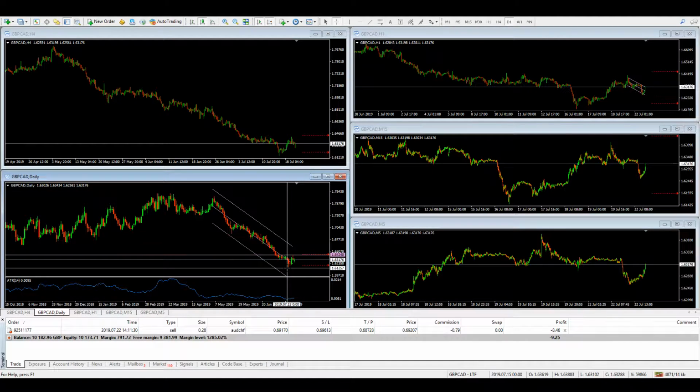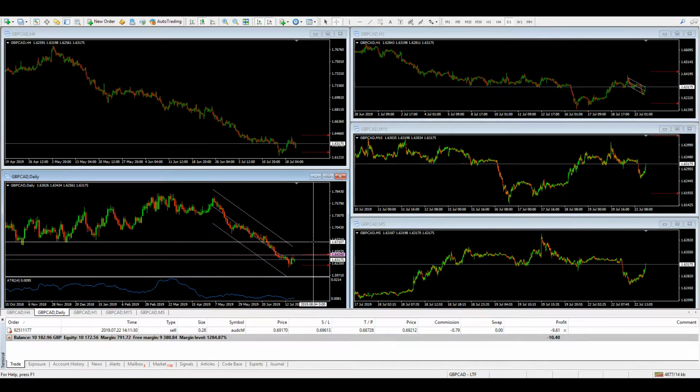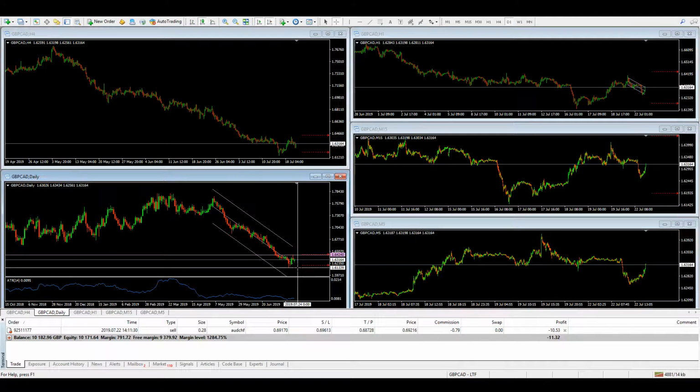Because as it comes to this level, there's a good likelihood that it will at least find some support and bounce up slightly. When it does that, it could completely reverse, or it could move lower. But as part of planning for that, if I'm taking at least some money off the table before it reaches that level, then I've got a more assured way of the trade at least making some money.